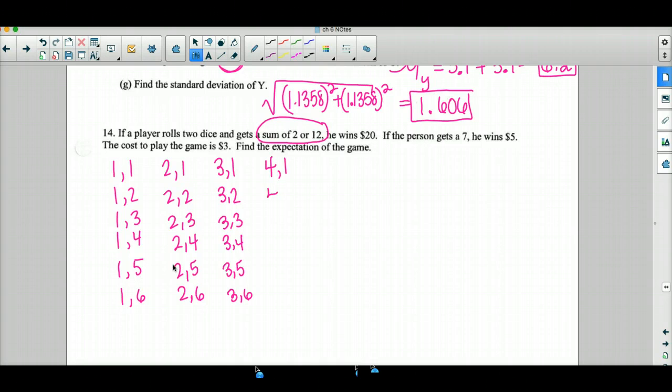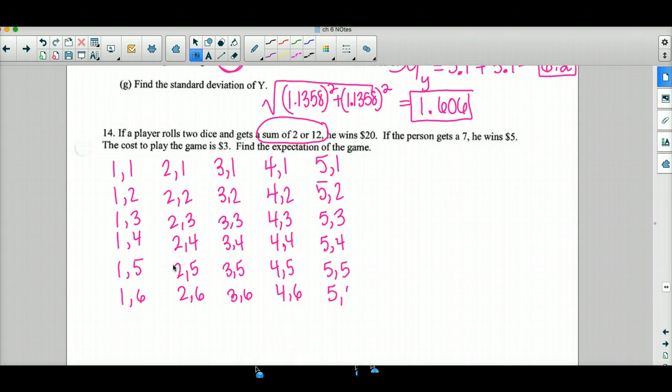A 4 and a 1, a 4 and a 2, a 4 and a 3, 5, 1, 5, 2, 5, 3, 5, 4, 5, 5, 5, 6, and then finally this is my last one.